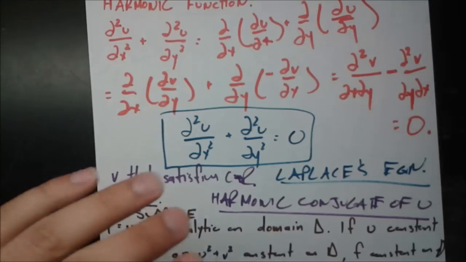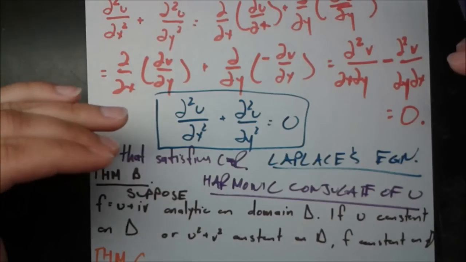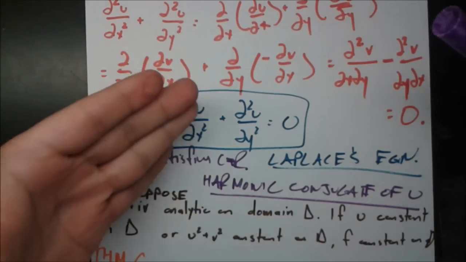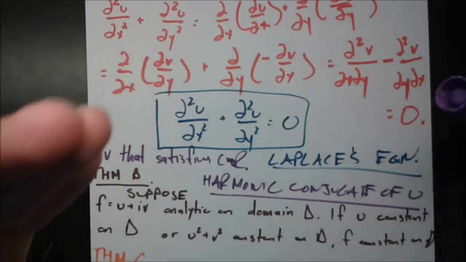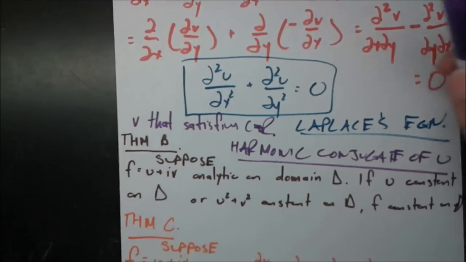So again, to recap, a harmonic function is something that satisfies Laplace's equation. A harmonic conjugate of that function is something that satisfies the Cauchy-Riemann equations with that harmonic function. Harmonic conjugates will be useful a little bit later on, but it's good to introduce them right now.